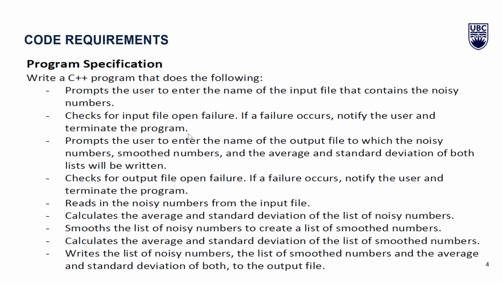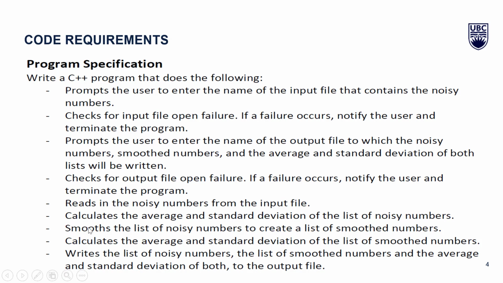And then you will proceed to read in the noisy numbers from the input file. And after that, you will calculate the average and standard deviation of the list of noisy numbers. And in order to calculate the standard deviation, remember, you must calculate the variance and take the square root of the variance.